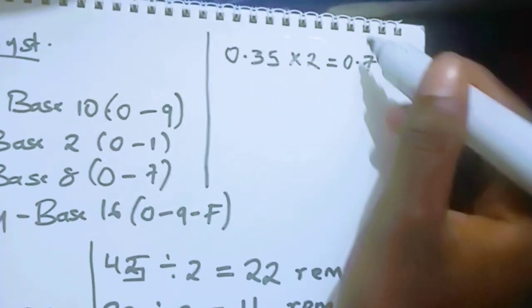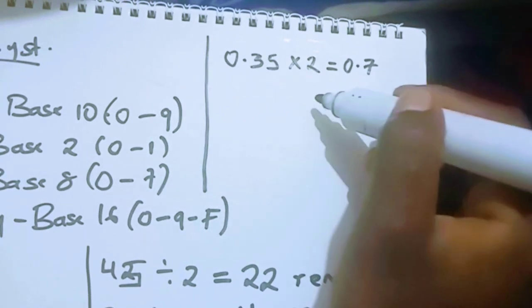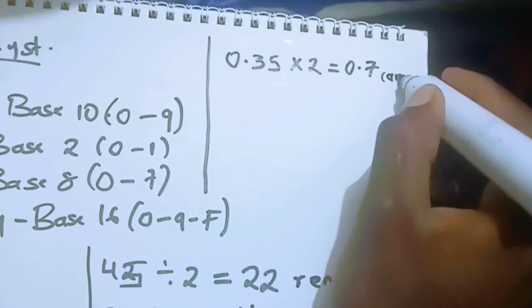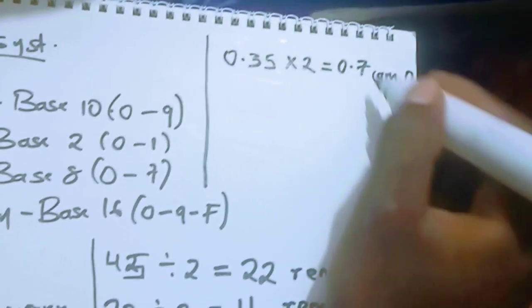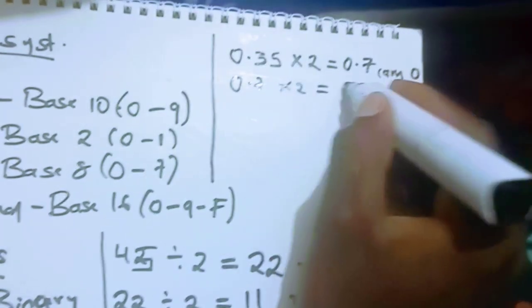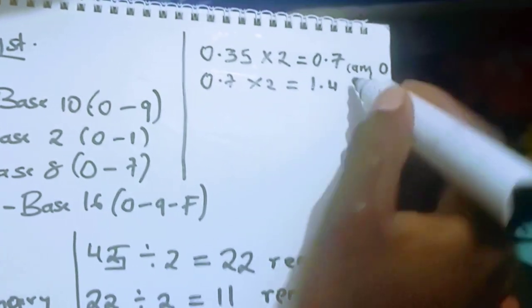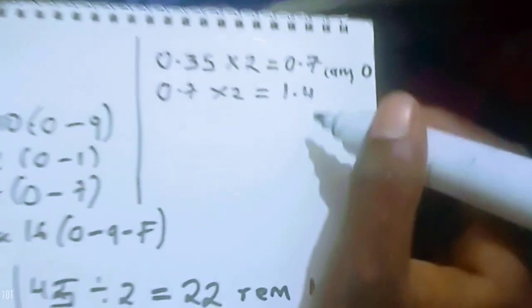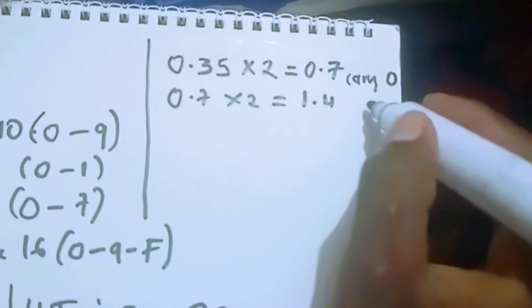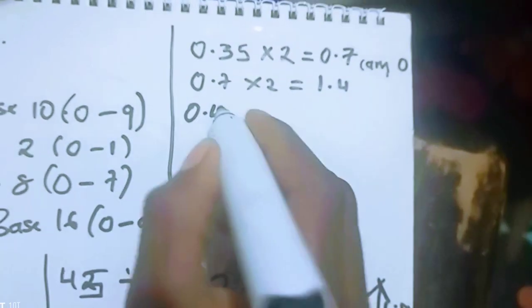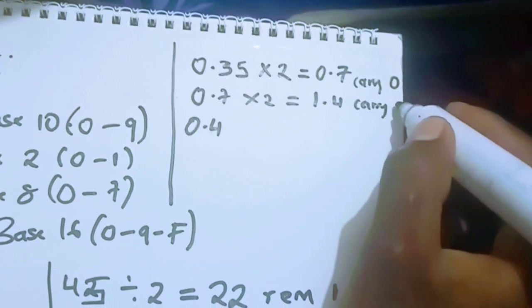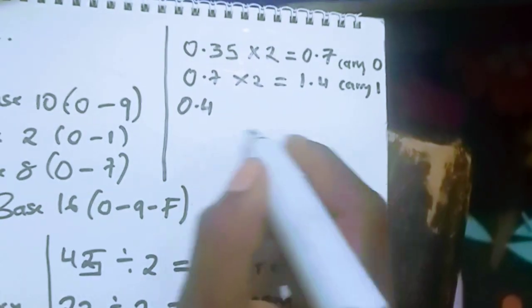Now, what you need to do is to check if you have a carry out. Here, there's no carry out, so the carry is simply 0.